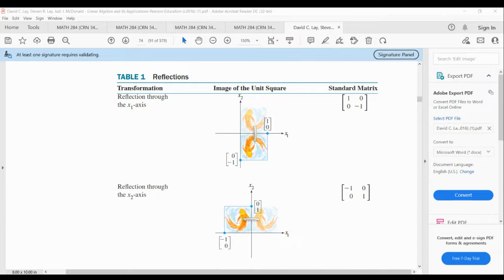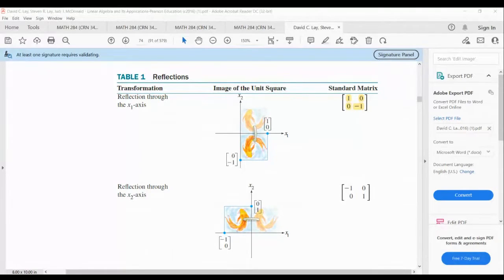If you reflect through the x1 axis, what would the transformation of the point 1, 0 be, which is on the x1 axis? Well, they have two vectors there. In the first picture in table 1, they have a 1, 0 vector and a 0, -1 vector. And you notice in the standard matrix on the right, the columns of that standard matrix are those actual vectors.